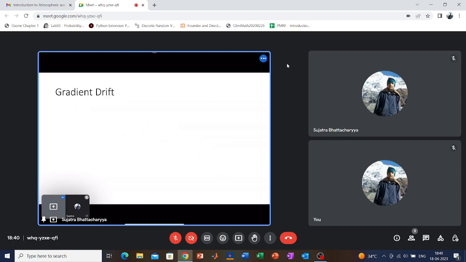So this is the gradient drift. What is the concept behind gradient drift? Let us write first.